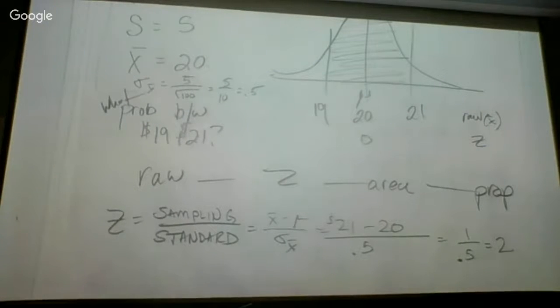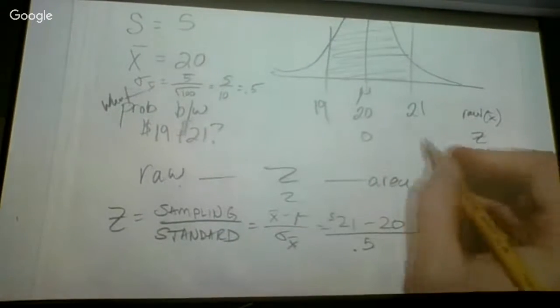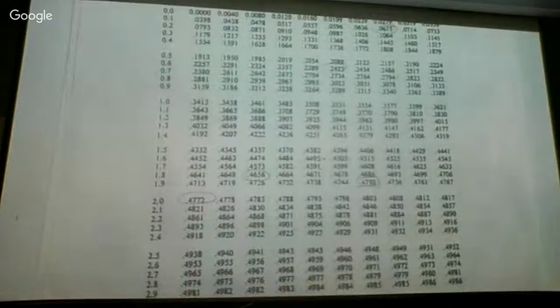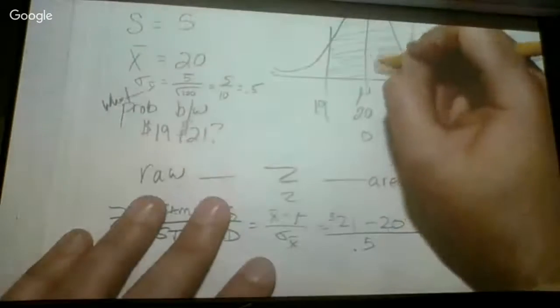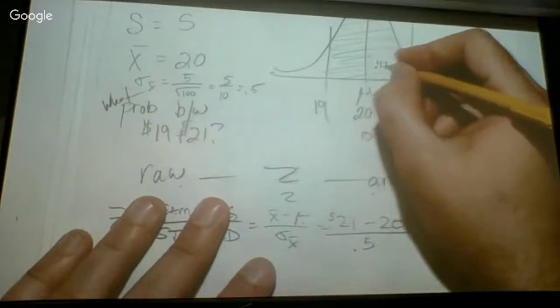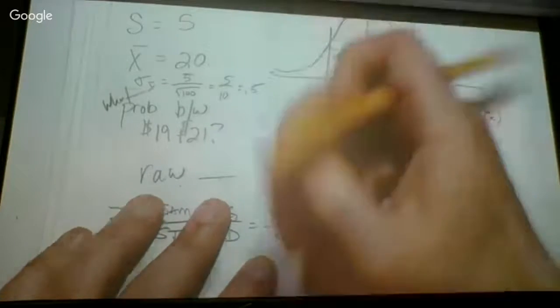I took that raw score of 21, converted it to a z-score of 2. I'm going to come to this table and find that my area is 0.4772. What should the area between 19 and 20 be?